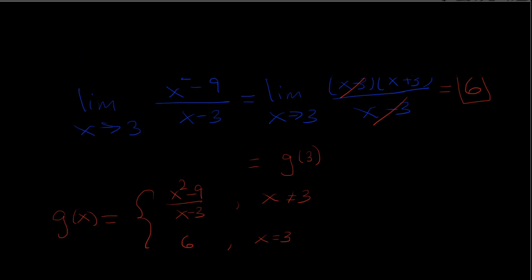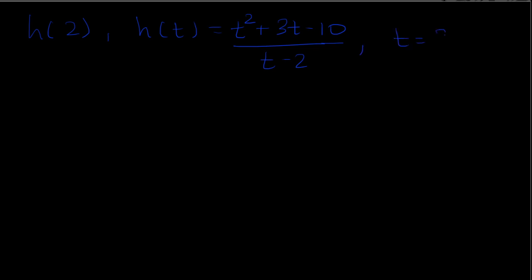Okay, next let's look at a similar problem. We want to define h of 2 in a way that extends h of t equals t squared plus 3t minus 10 over t minus 2. And we want to make it continuous at t equals 2.